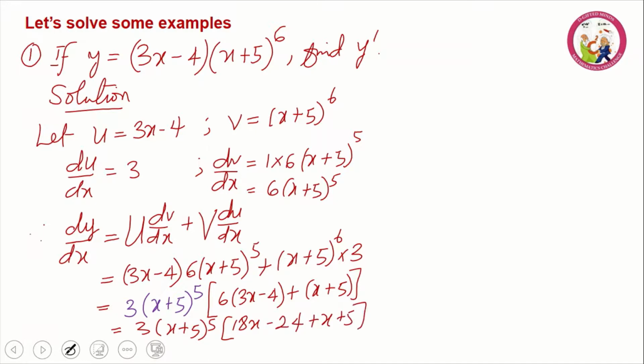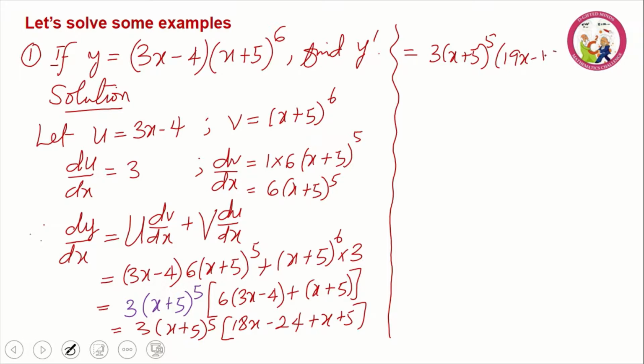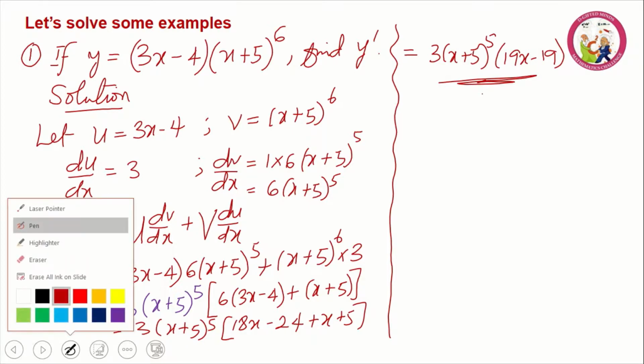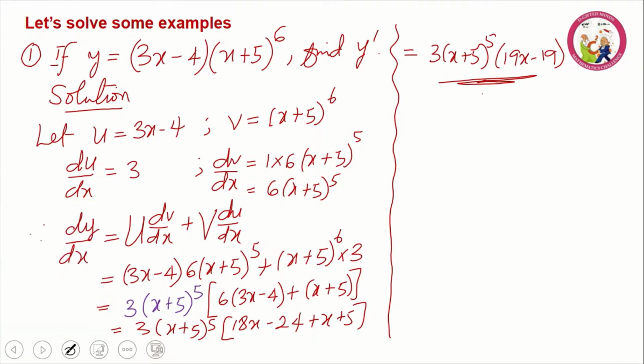All right, let's continue here, and this is going to be equal to 3 times x plus 5 raised to the power 5 times 19x, because 18x plus x is 19x, minus 19. All right, so this is the first derivative of the given function, 3x minus 4 times x plus 5 all raised to the power 6, by applying the product rule in solving this particular question.